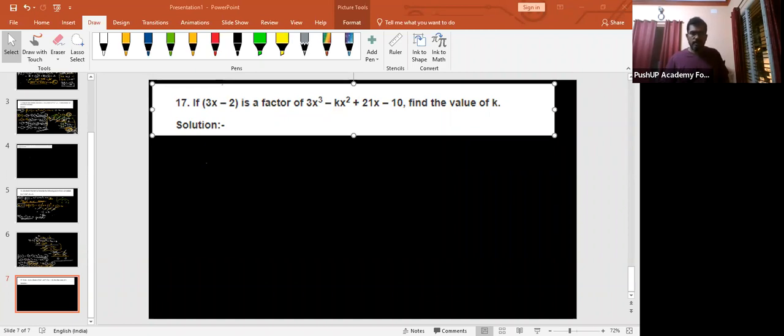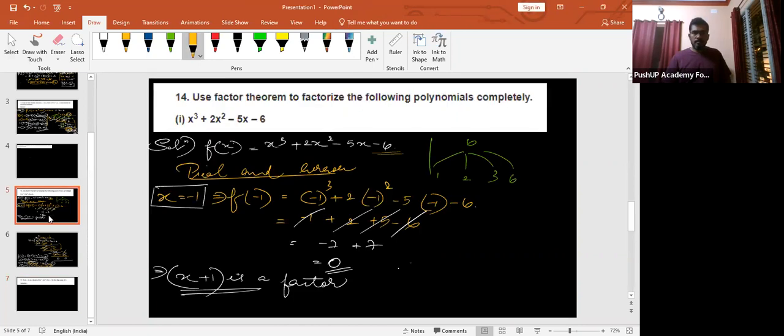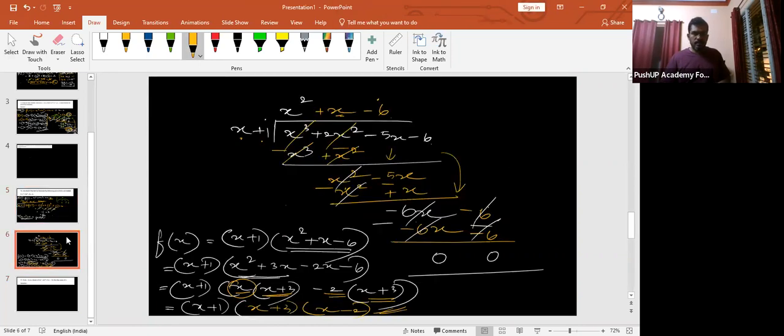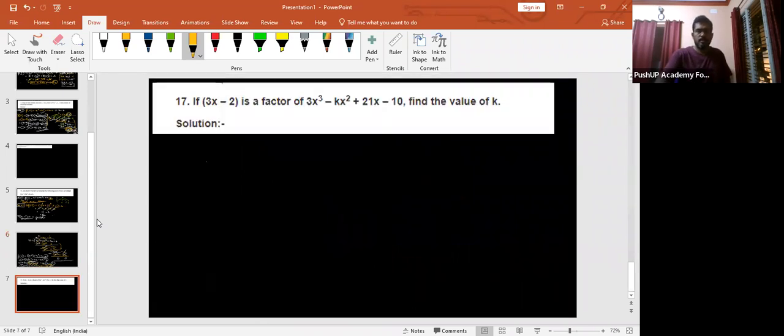Help in the 14th one. Acha Shazia, 14th one is here. Shazia, can you unmute and tell me where you need help? So 14th means second one, the one which is sent on WhatsApp. Oh, acha, acha. Okay. Very good.